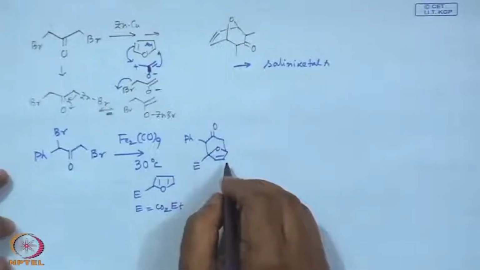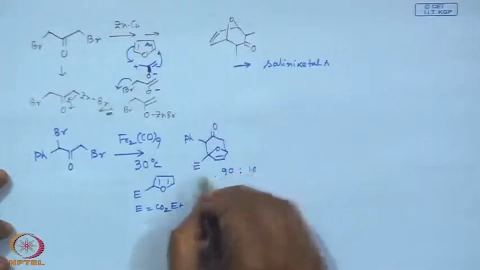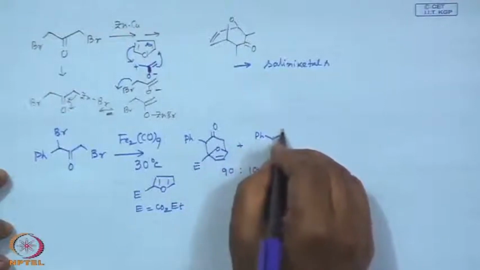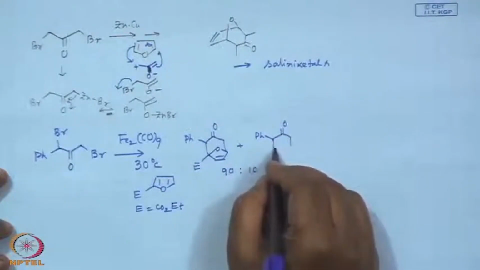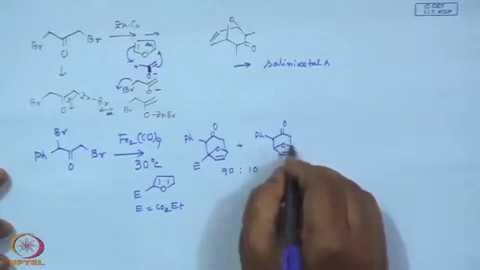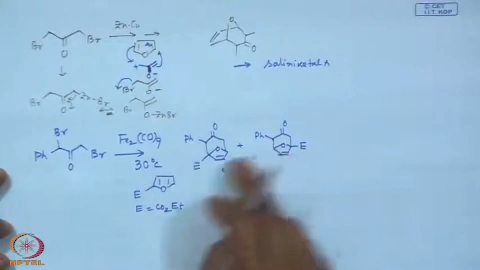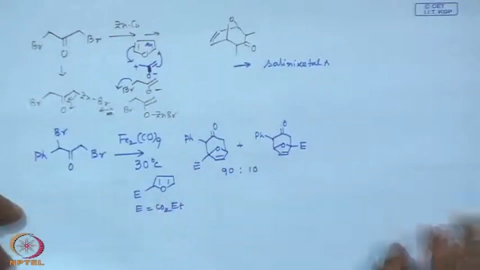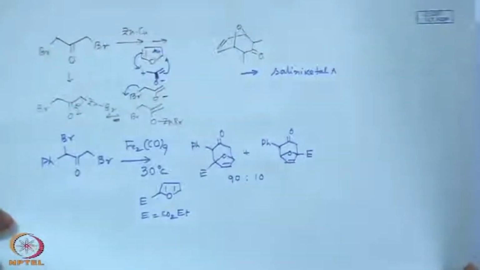So, this one is produced in 90% and the other one is 10%, the other one meaning the other regioisomer, which is again a furan, with the ester part on the right. So, between the two, the difference is that in one case the ester is on the phenyl side, in the other, on the other side. Okay.